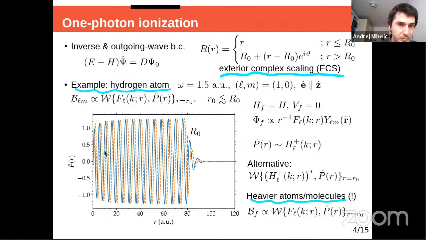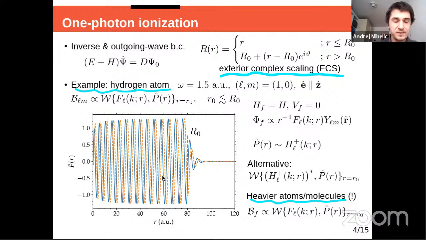So plotted here is the radial function of this solution psi hat for a specific channel. As we can see, this wave function reaches asymptotic behavior inside this non-scaled region of space.